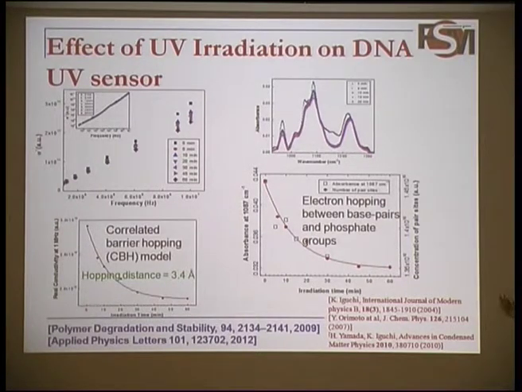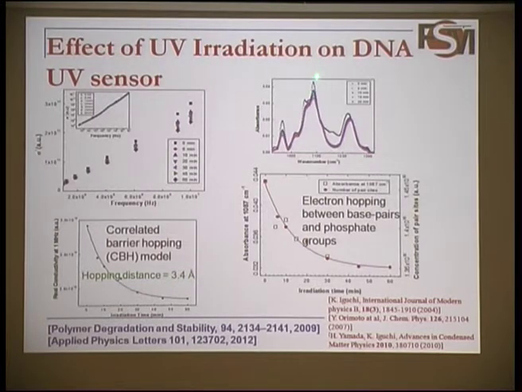So we take our data on the effect of UV on DNA molecules measured by infrared, and we have this in the case of phosphate groups.